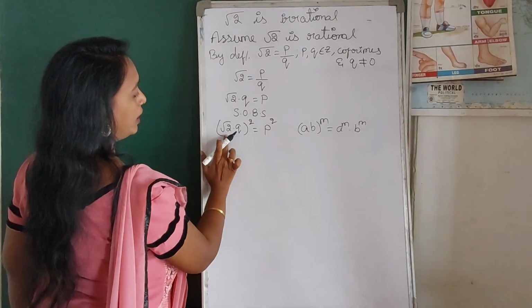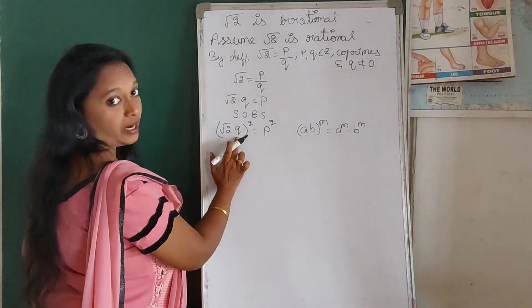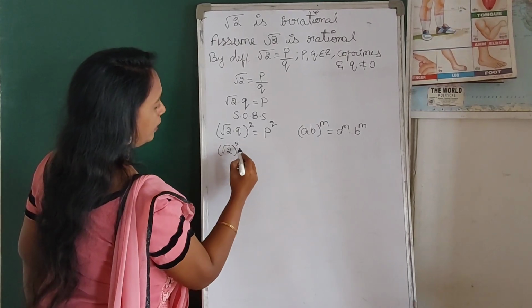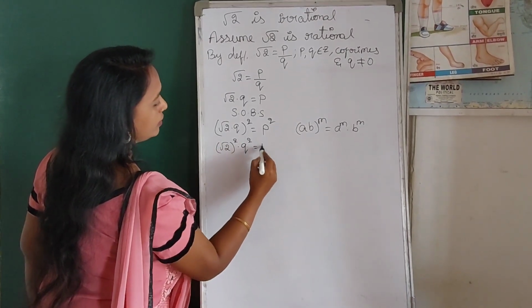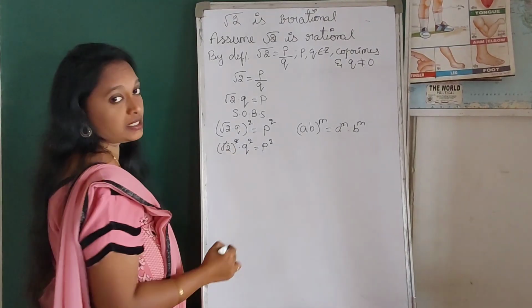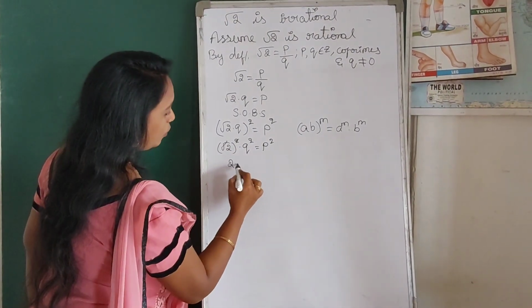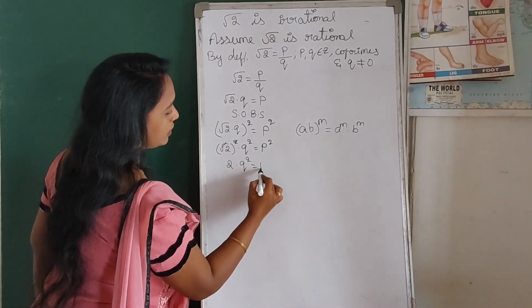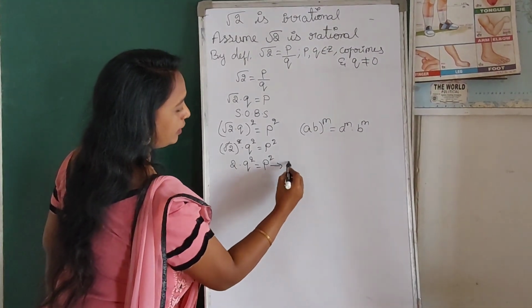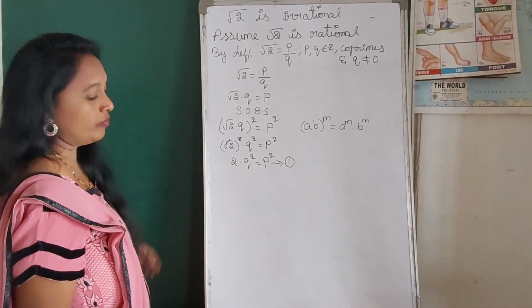So root 2 whole square into q square is equal to p square. Here square and root get cancelled. So 2 into q square is equal to p square. Take this as equation 1.